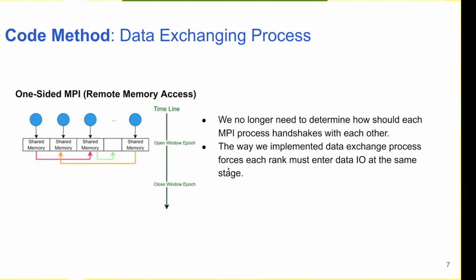So we no longer need to determine how each MPI process should do the point-to-point communication and handshaking with each other. But the way we implement this data exchange forces every rank to enter the data I/O stage at the same time, because there are some collective one-sided MPI calls we use during this process. So every rank must participate in it.